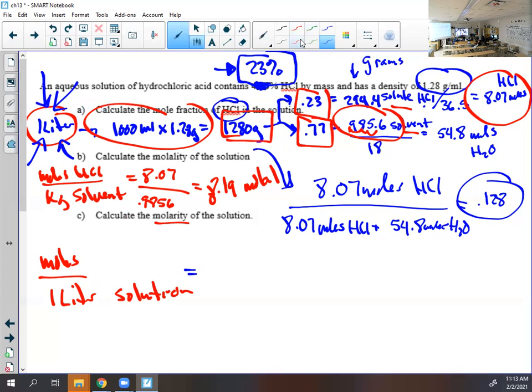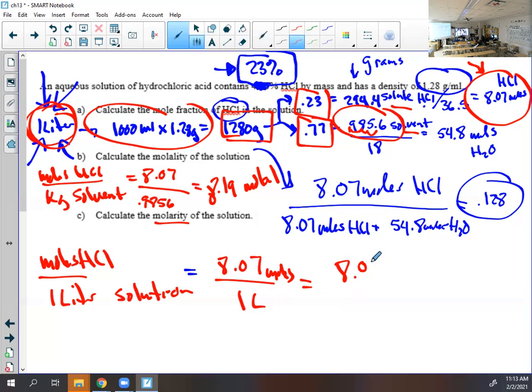The moles of HCl have already been found: 8.07. Then the liters are already found because I assumed 1 liter. So I have 8.07 moles per liter.